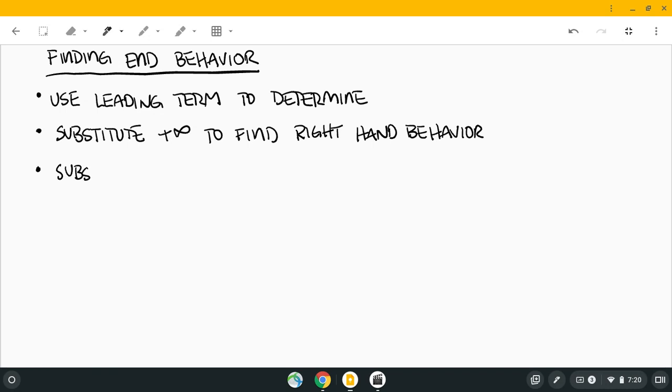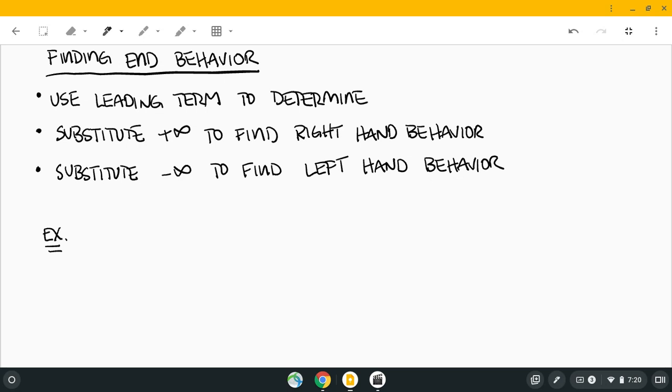And then we substitute negative infinity, or if that's too abstract for you, then just use negative 1 billion, okay, to find the left-hand behavior. Okay? All right, so let's take a look at an example.